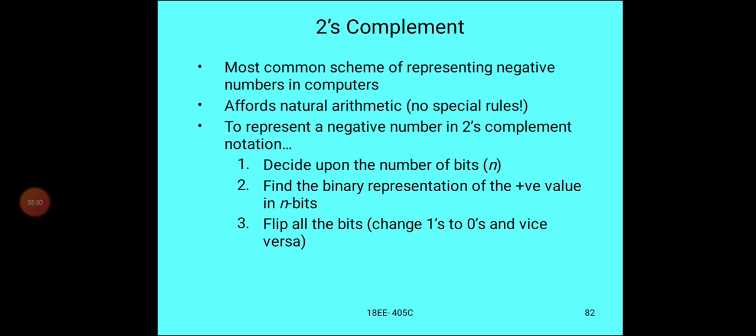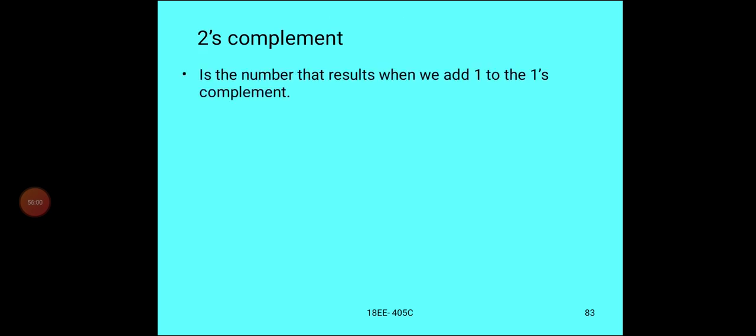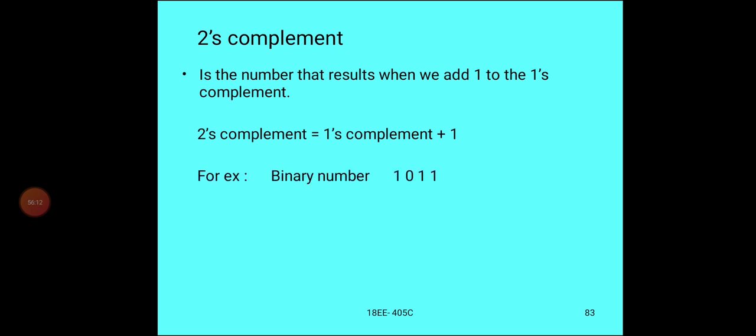Flip all bits, changing ones to zeros and vice versa. Add 1. 2's complement is the number that results when we add 1 to the 1's complement. 2's complement is equivalent to 1's complement plus 1. For binary number 1011, the 1's complement is 0100. Adding 1 will get 0101.